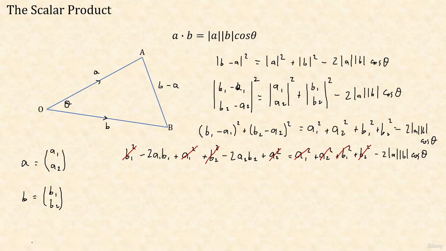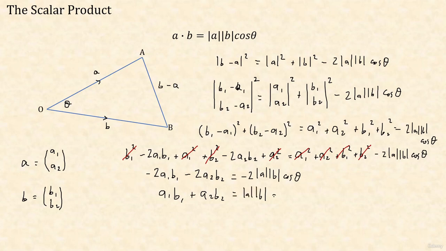So that actually gets rid of an awful lot and leaves me just with negative 2a1b1 minus 2a2b2 equals minus 2 mod a mod b cos theta. Finally, dividing both sides by negative 2, I get a1b1 plus a2b2 equals mod a mod b cos theta. So that is the dot product.